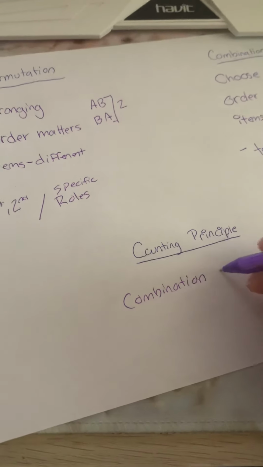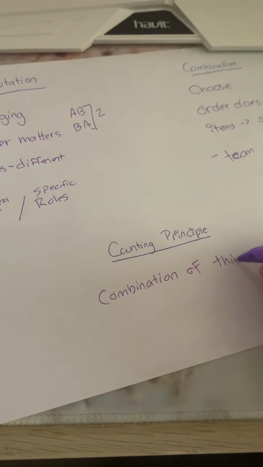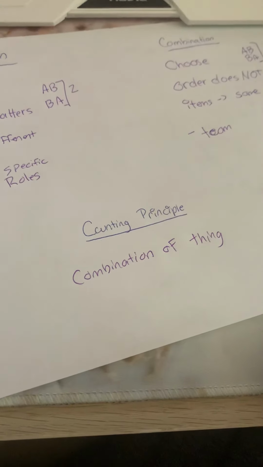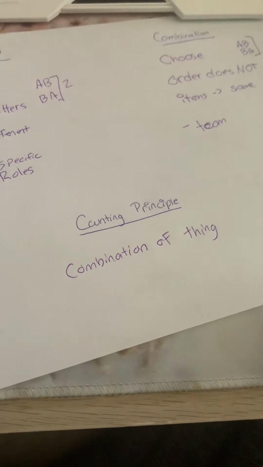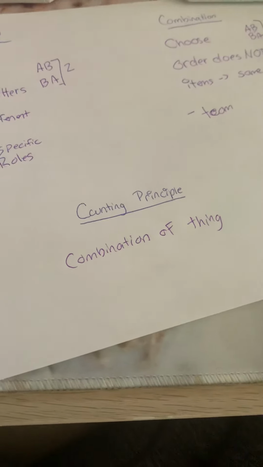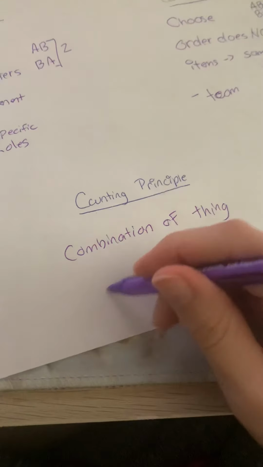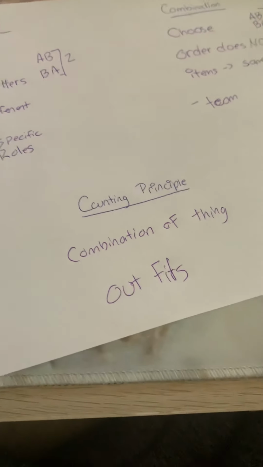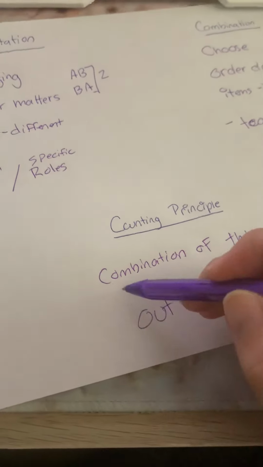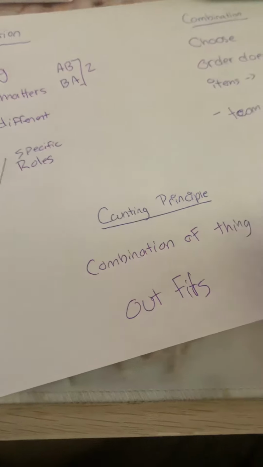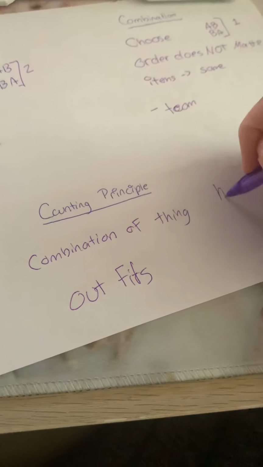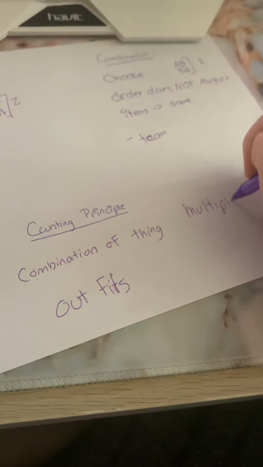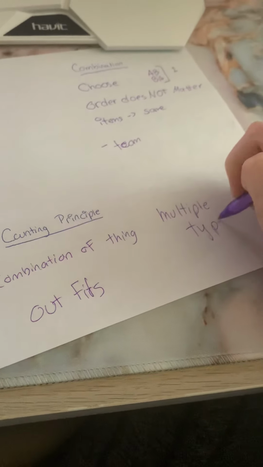So if I have 5 different shirts, 2 different pants, and 3 different shoes, how many outfits can I make? That's a counting principle, right? It's when you're combining different things. So if there's multiple types of things, that's going to be counting principle.